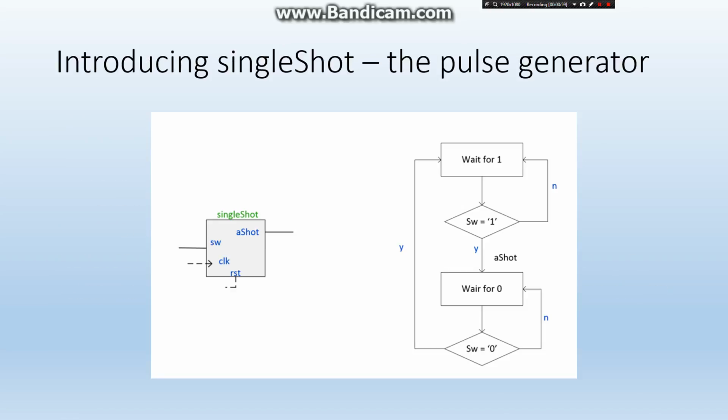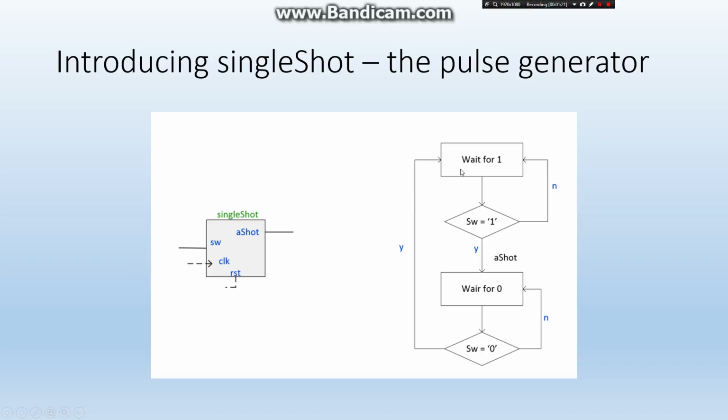So I'd like to introduce the single shot, what it is, how it works. This is the GUI for the single shot. You see there's a signal switch, there's also clock and reset, and an A shot. How the single shot works is, you have pretty much a state machine with 2 states, wait for 1 and wait for 0.